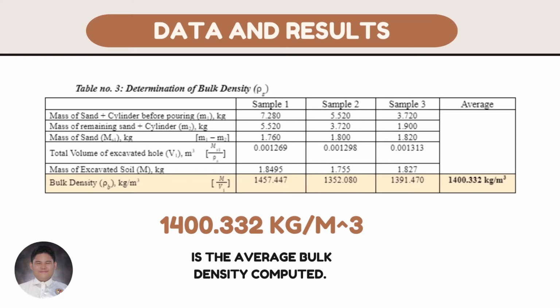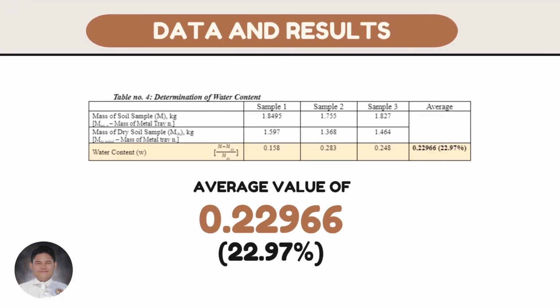As the moisture of the soil vanishes after it was put in the oven for hours, the water content can be determined by dividing the difference of the mass of soil sample and mass of dry soil by the mass of dry soil, which arrived at an average value of 0.22966, or closely 22.97%.